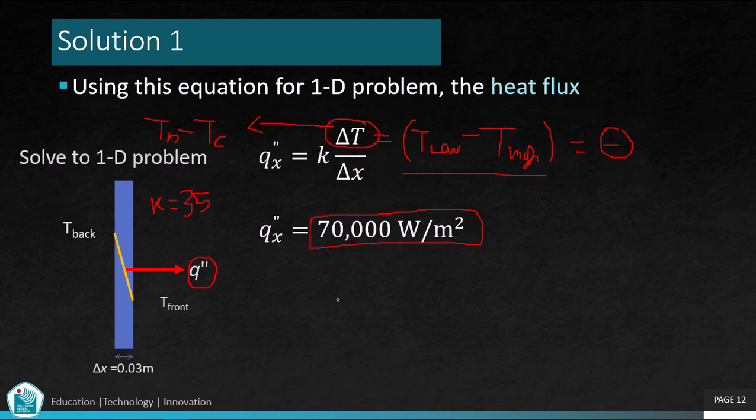70,000 watt per square meter. Okay, and in this case the T of the back is 110 and the front is 50.